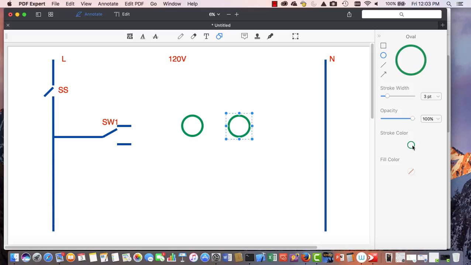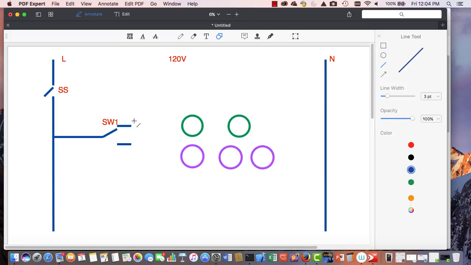Then for my other part of this, the description said I have 3 light bulbs in series. So now there's my 3 light bulbs in series.